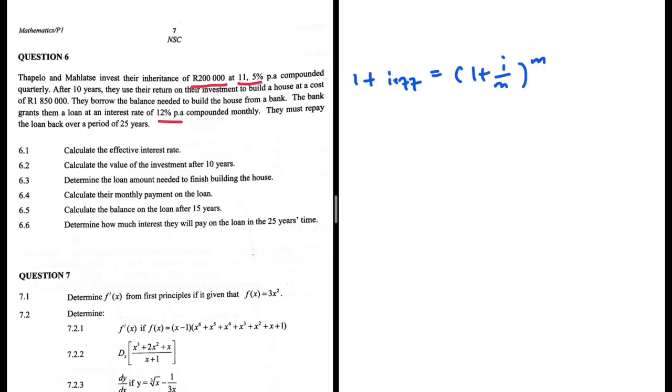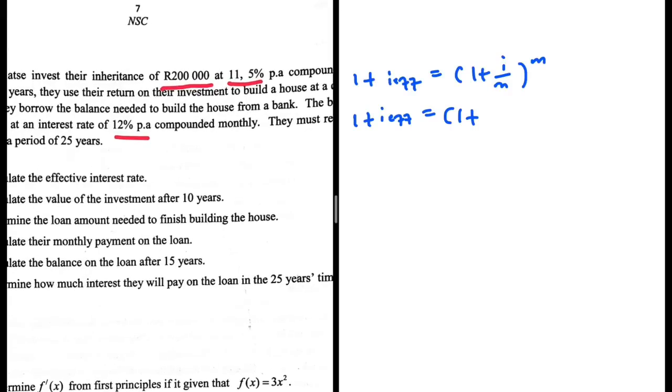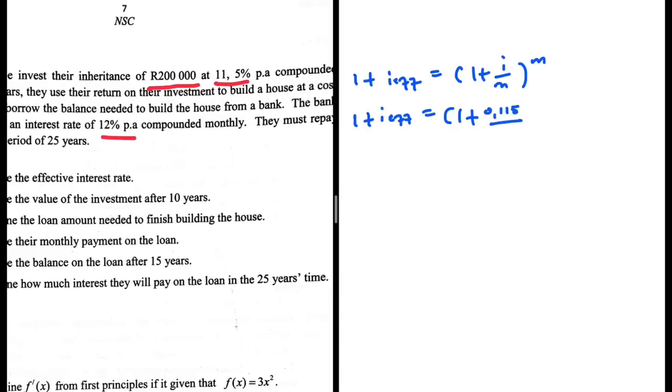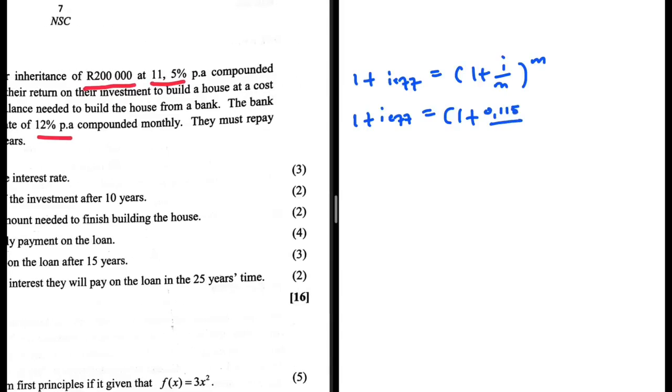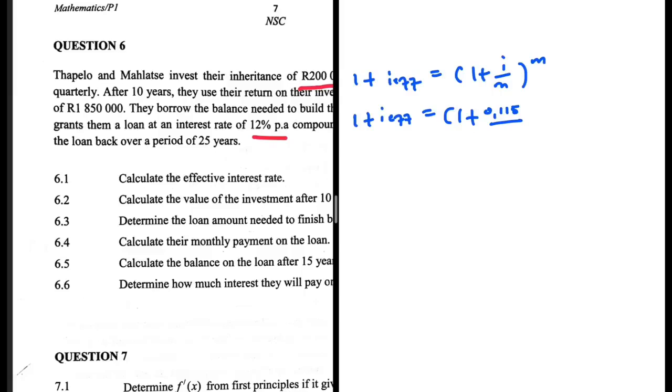We are looking for the effective interest rate. So here we just have 1 plus the effective interest rate being equals to 1 plus the interest. The interest given is 11.5%, so that will give us 0.115 divided by m. Let me show you how we determine m.